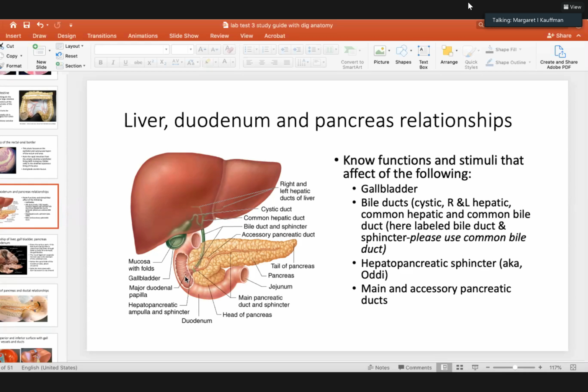The other thing you drew already is the Brunner's glands, which are also stimulated to release their bicarbonate-rich solution. The other thing that secretin does is it stimulates the release of CCK, and CCK stimulates the release of secretin. So these two guys talk to each other and amplify each other.